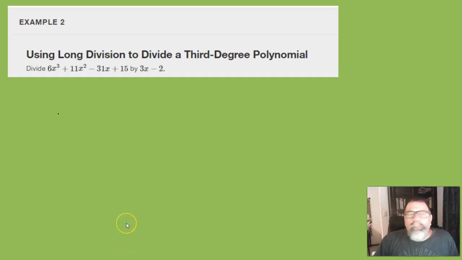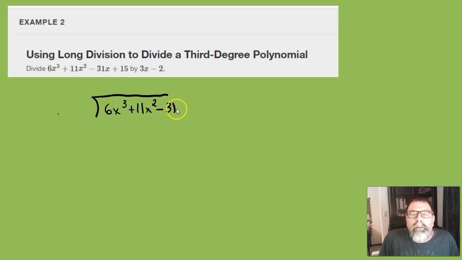All right, example 2, using long division to divide a third degree polynomial. So again, the dividend goes inside, so that's the first polynomial, 6x cubed plus 11x squared minus 31x plus 15. Now it's important that you write this in descending order, so if it's not given to you in descending order, rearrange it.